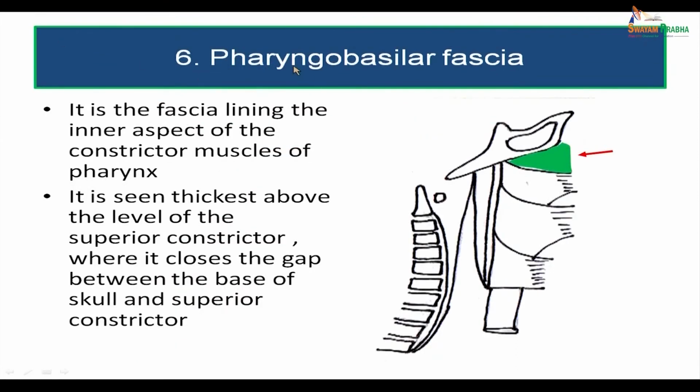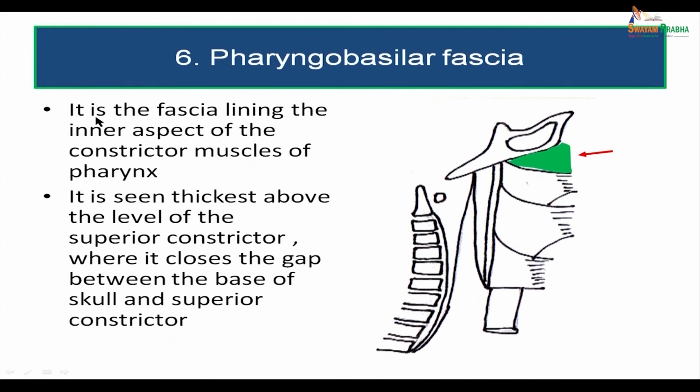Now, the sixth layer, that is the pharyngo-basilar fascia. Again, we orient ourselves to the same diagram: the sphenoid bone, the constrictors of the pharynx, the esophagus, the buccopharyngeal fascia, the prevertebral fascia, the anterior longitudinal ligament, the cervical vertebrae.